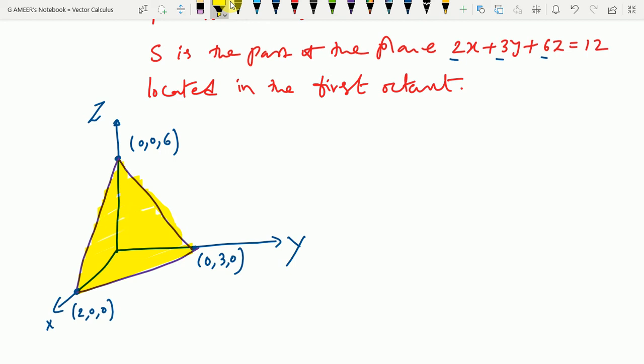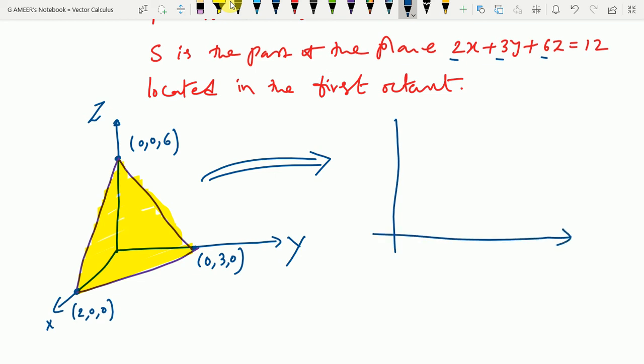Okay. So as usual I said, you take the projection in the xy plane. The projection in the xy plane I'll indicate like this. This is the x-axis that came here and this is the y-axis that came here. The projection means this part.